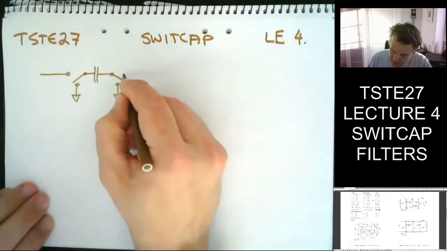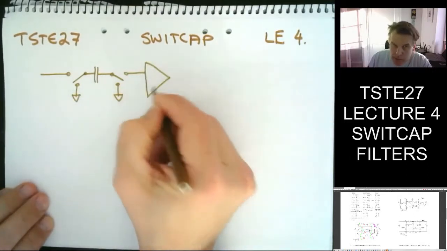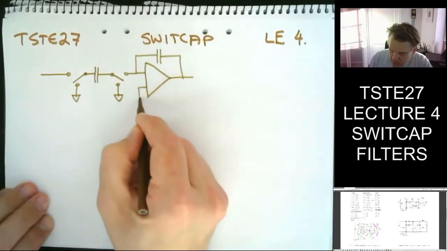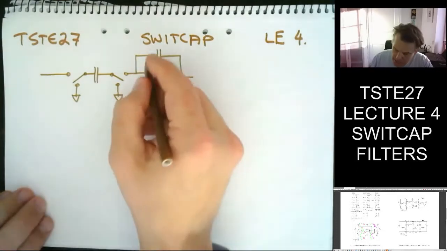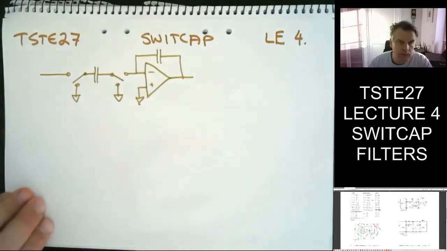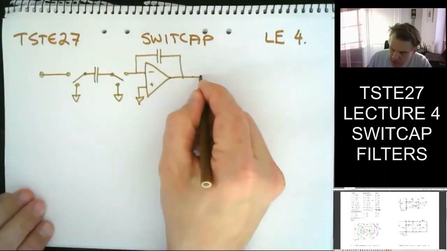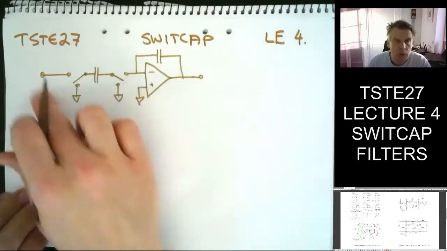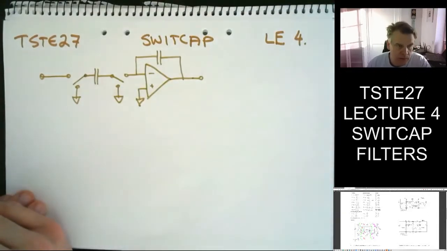Something like this. An operational amplifier and the capacitor. So that's the op-amp you have designed then in lab 1 that you're going to use later. And then on lab 2, you will simulate this type of accumulator, not exactly this type, but one type of discrete time accumulator.